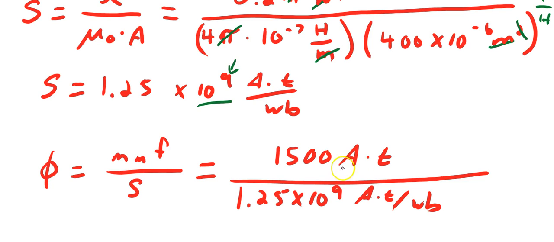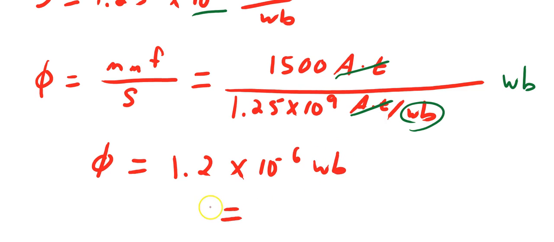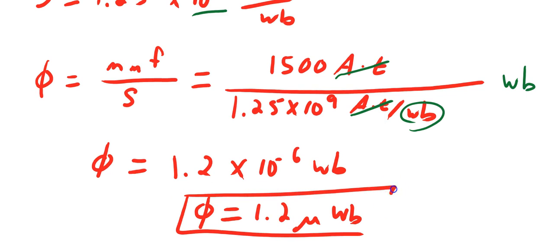And I guess here amp turns cancels with amp turns, leaves us with 1 over Webers in the denominator, which gives us a unit of Webers for flux. If we do the math, 1500 divided by 1.25 times 10 to the 9 gives us a flux of 1.2 times 10 to the negative 6 Webers, or the flux produced is 1.2 micro Webers, whereby remember that the metric prefix micro stands for 10 to the negative 6.